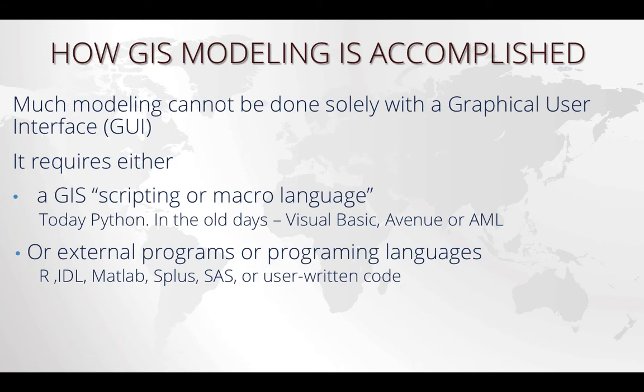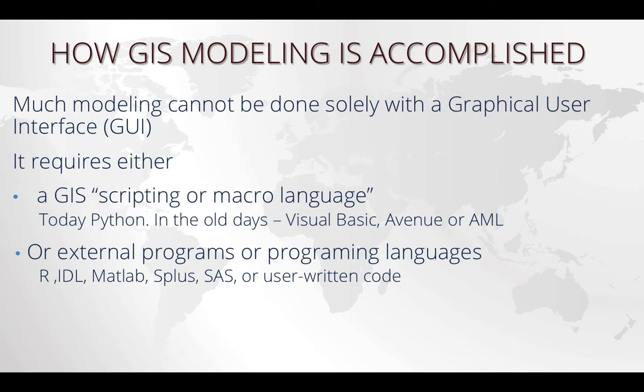If you want to do your model entirely within a GIS software package, you can do that. This typically requires a scripting or macro language. Scripting language is the term we use today. Macro language was the term used in the 1980s and early 1990s.